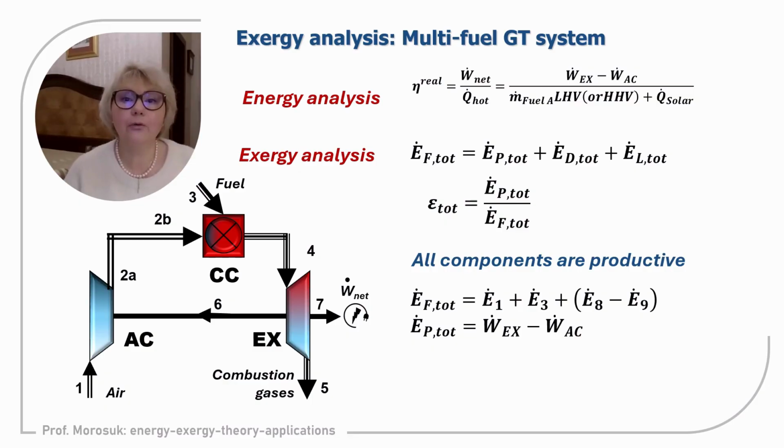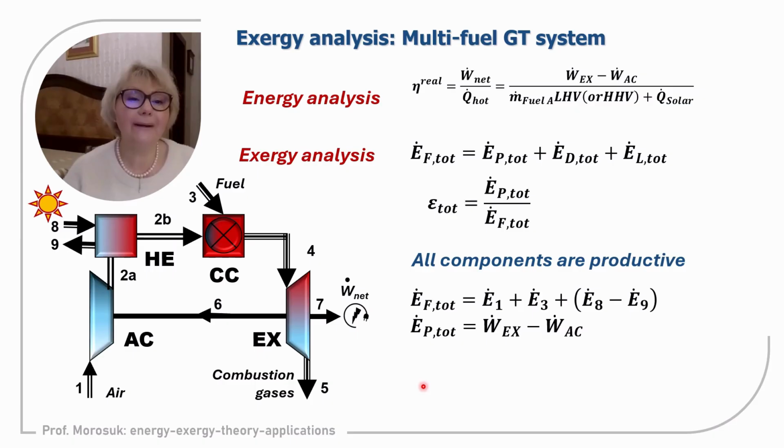There is a multi-fuel systems approach, but with a slightly different arrangement. So we have an open cycle gas turbine system, and now we will preheat air after the air compressor before the combustion chamber, for example, using solar energy. This is also a research topic.